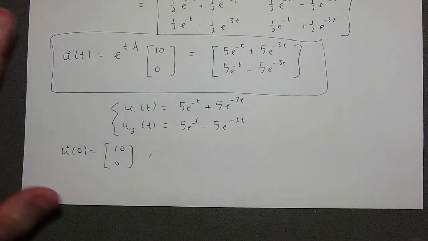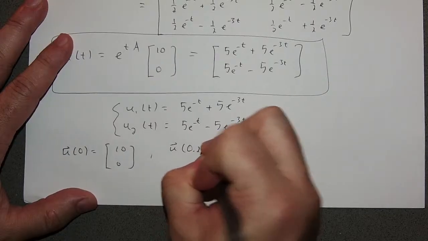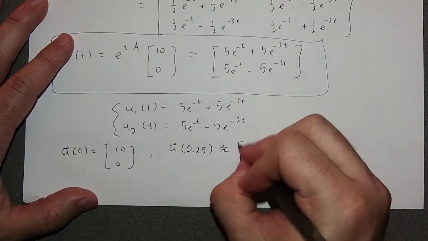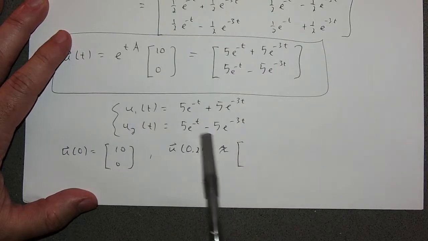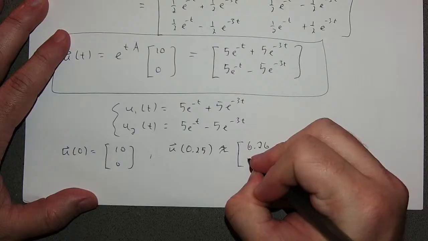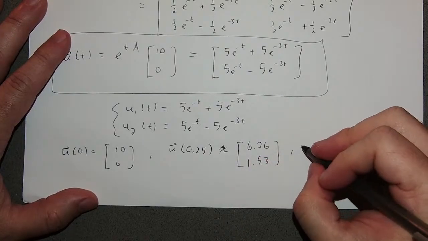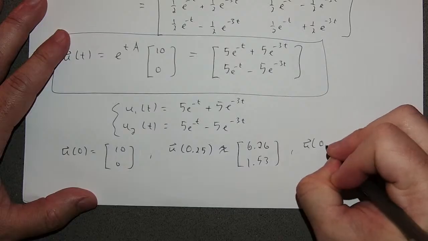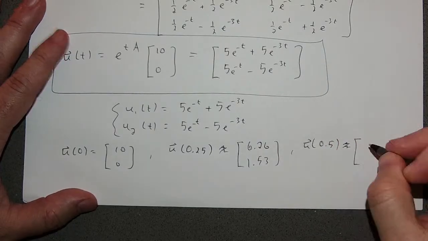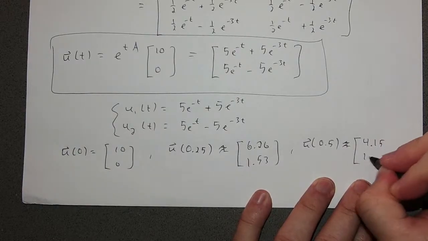So then at time like 0.25, what do I get? This is approximately, so we'll plug this in here, 6.26, 1.53. What about at like 0.5? This is approximately 4.15, 1.92.